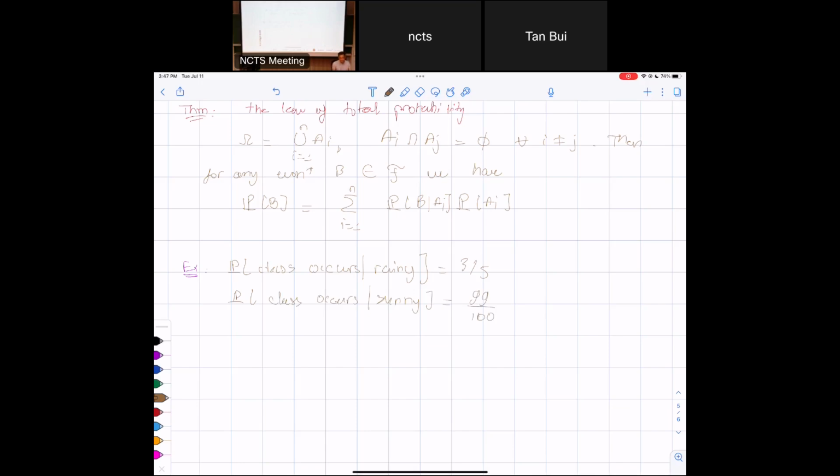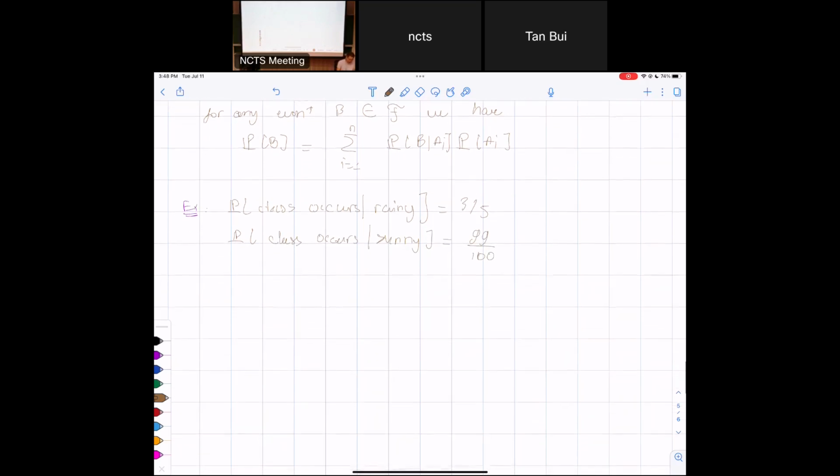Also with high probability, right? We have a class. But when it's rainy, it's a little bit harder to move, right? So wet. Okay, and then I also assume that the probability that it rains, right? Rainy, is equal to 1/10.